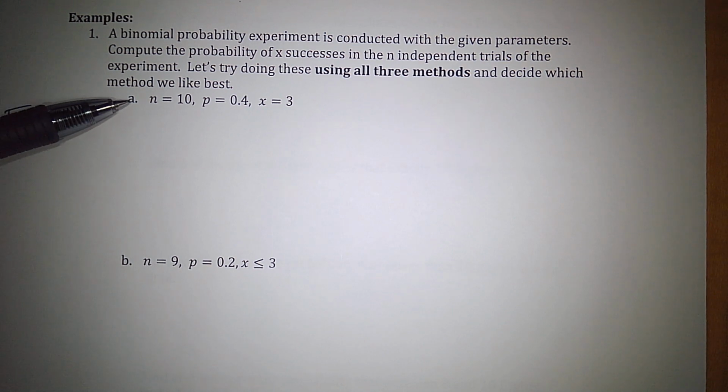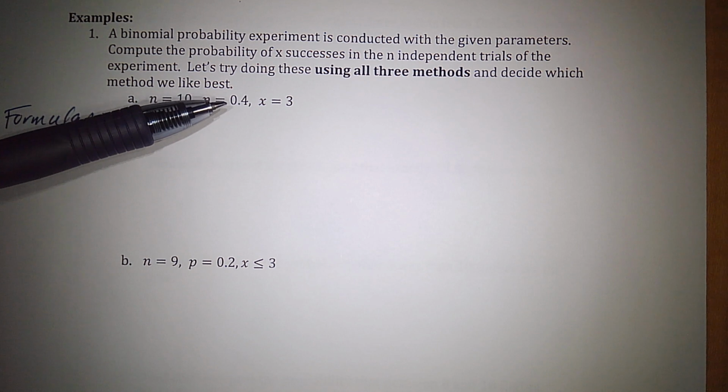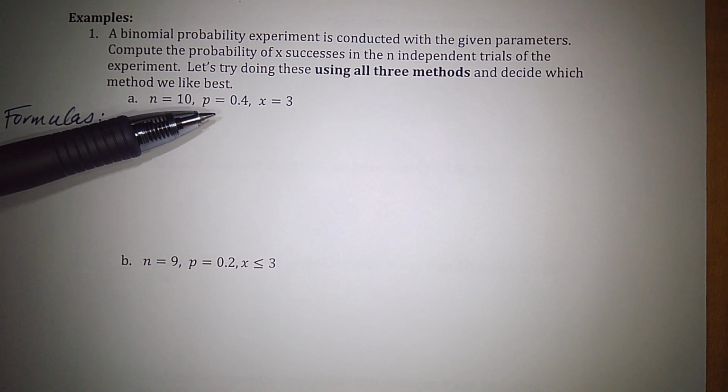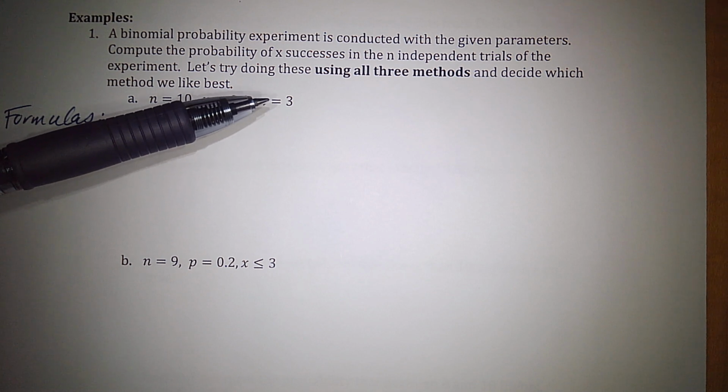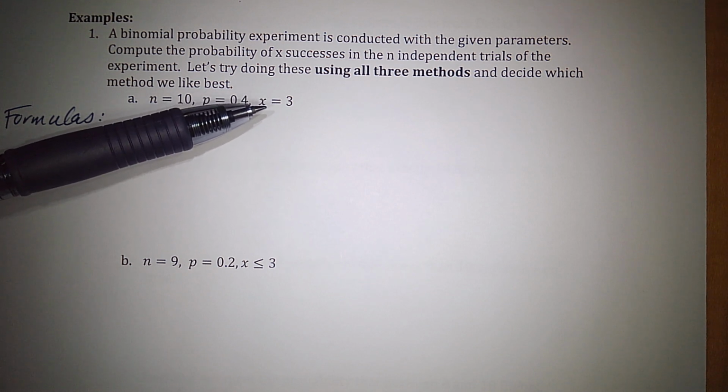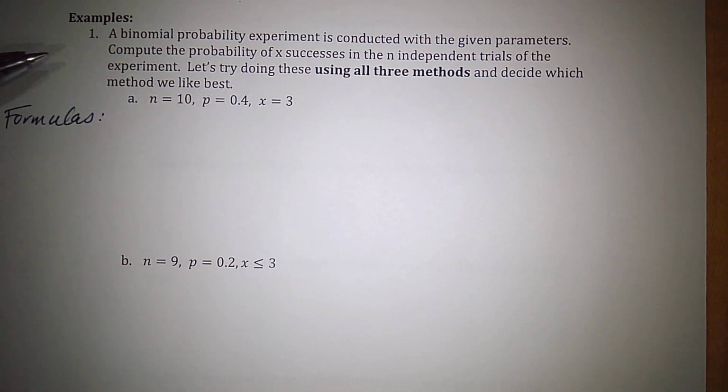This question is saying, I am going to do an experiment with 10 trials. So I'm going to do this experiment 10 times. I know there's a 40% likelihood that I'll end up with a success. And I want to know the likelihood that I'll get exactly 3 successes out of 10.